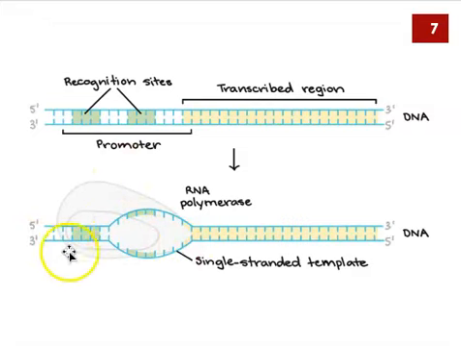So the RNA polymerase enzyme lands just upstream of the protein coding region of the gene. The double-stranded DNA will be opened up, and this enzyme will begin to move downstream, and it's going to build RNA on top of the one template strand of DNA.